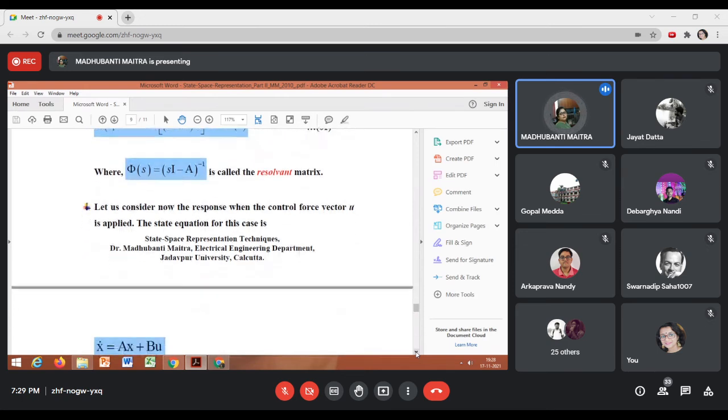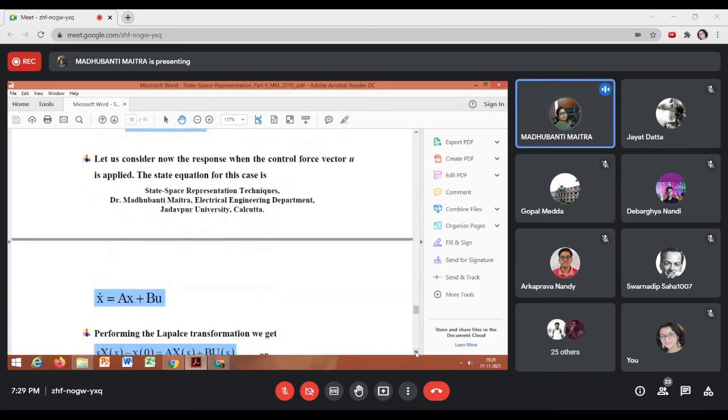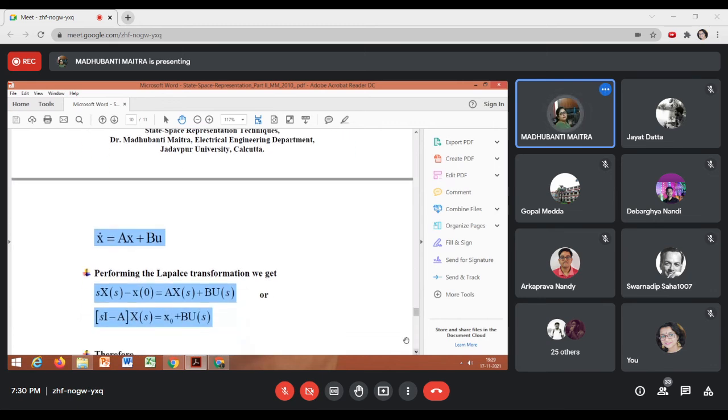Now let us consider a forced system, a non-autonomous system, where there is an input vector acting, or some input forces, control forces acting on the system. So in that case, the state equation will be given by x dot is equal to Ax plus Bu. Again, we'll take the Laplace transform of this equation. So it will be sX(s) minus x0, just like the previous case.